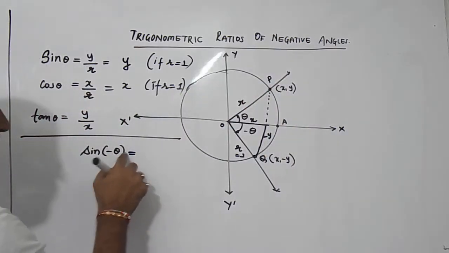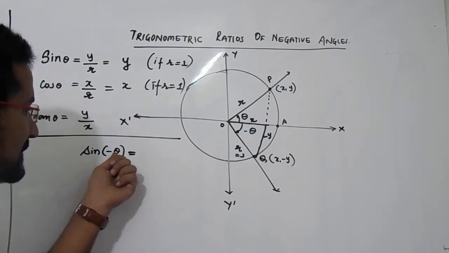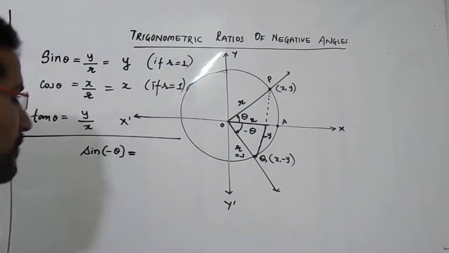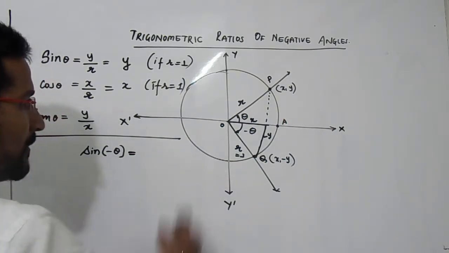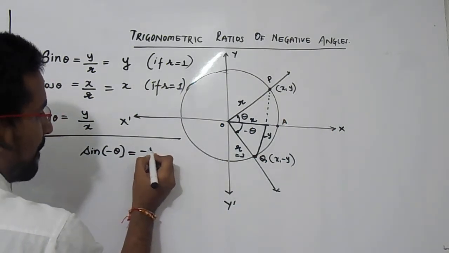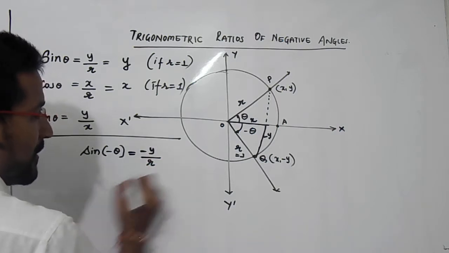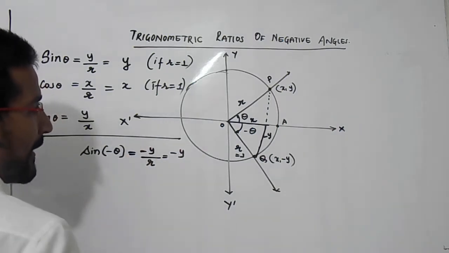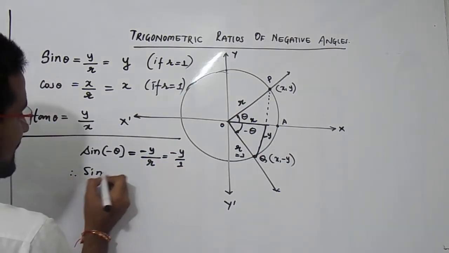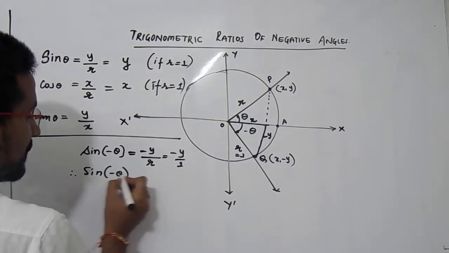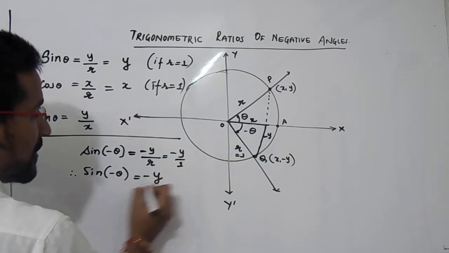Sine is opposite upon hypotenuse. What is opposite here? Minus y upon r, so it will be minus y because r is equal to 1. Therefore sine of minus theta is equal to minus y.